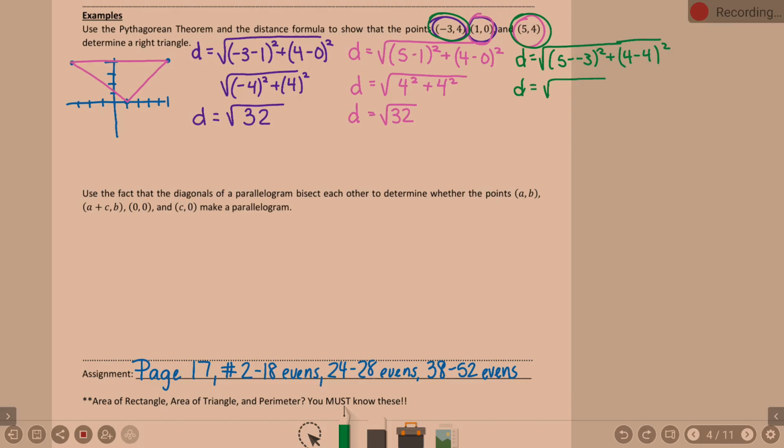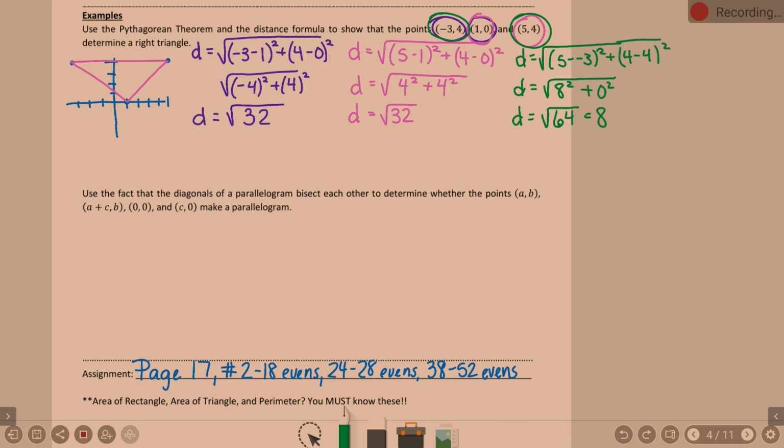So 5 minus negative 3 is 8, so 8 squared plus 0 squared, or square root of 64, which is 8.